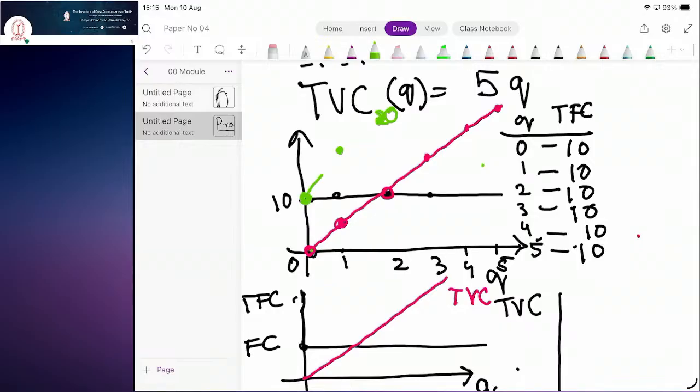If you plot all these points, you'll get a line like this, which is exactly the pink line moved up by fixed cost. Check that you're getting just a translation of TVC.